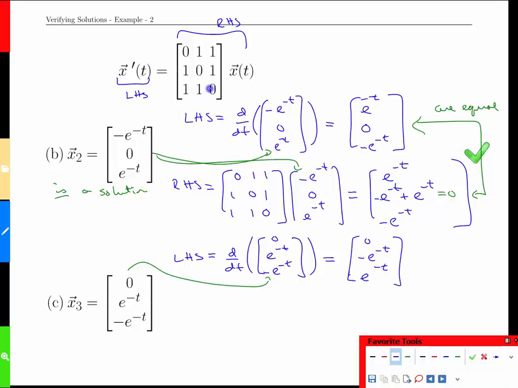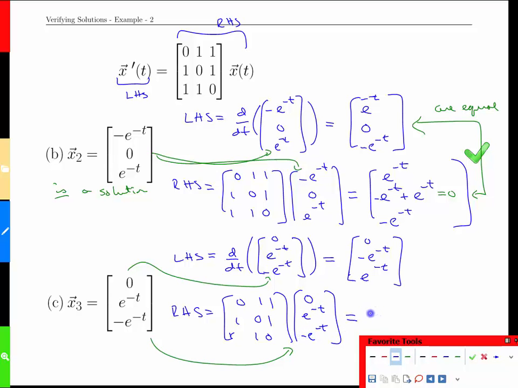For the right-hand side, we repeat our same procedure as before. It's made up of the matrix 0, 1, 1, 1, 0, 1, 1, 1, 0, and then we're going to use our solution for this test, 0, e to the negative t, negative e to the negative t, and that's going to give us 0, e to the negative t minus e to the negative t, so 0 again.